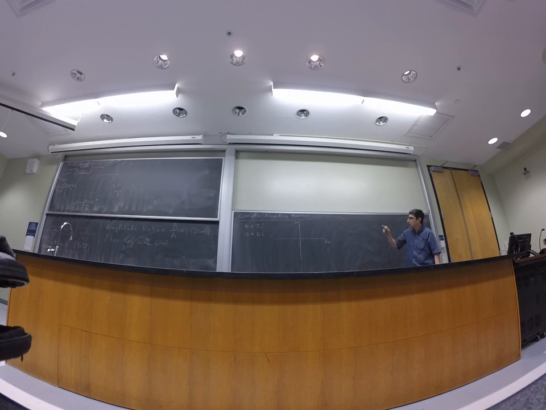I would plot the complex number 4 plus 7i as a point in this Cartesian space. So 4 plus 7i would have 1, 2, 3, 4 real part, 1, 2, 3, 4, 5, 6, 7 imaginary part. So this point here is 4 plus 7i.